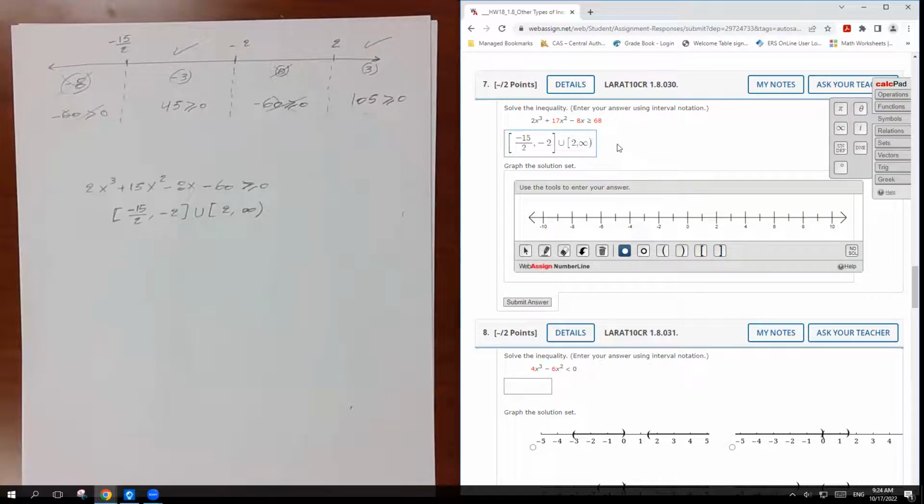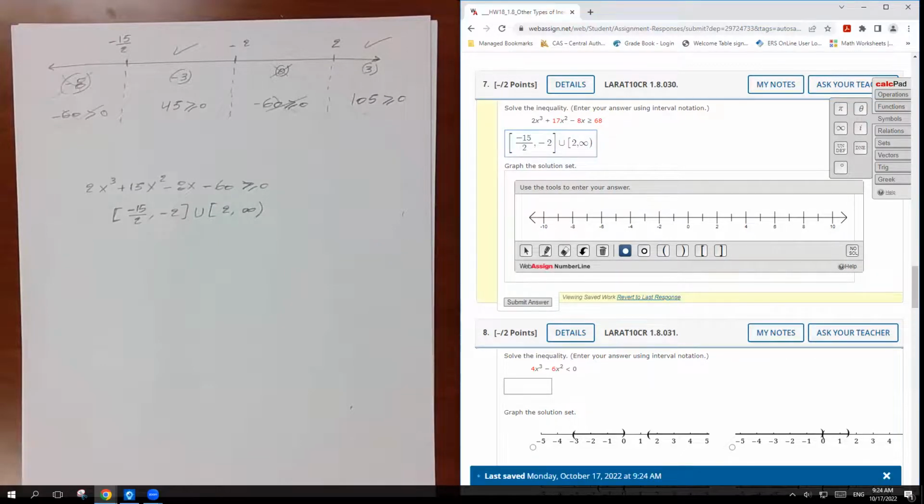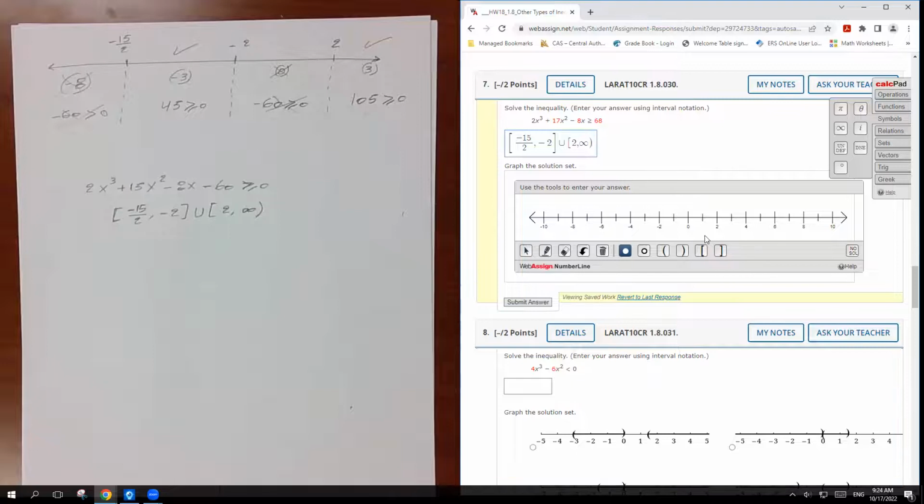Okay, now I'm going to graph it. Negative 15 over 2 is going to be negative 7.5. So we can graph it here. Bracket, here is negative 7, 7.5 is going to be here.